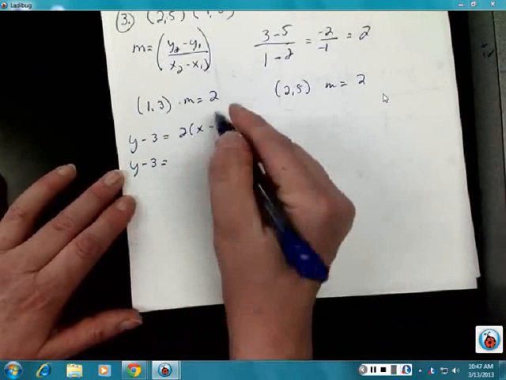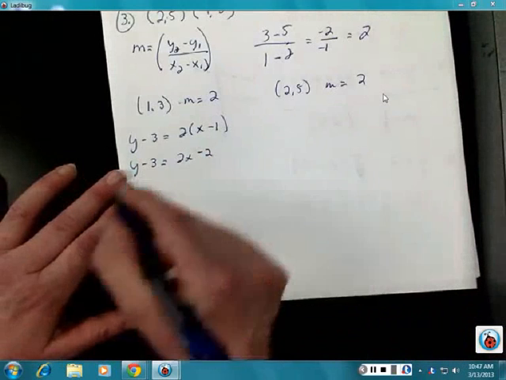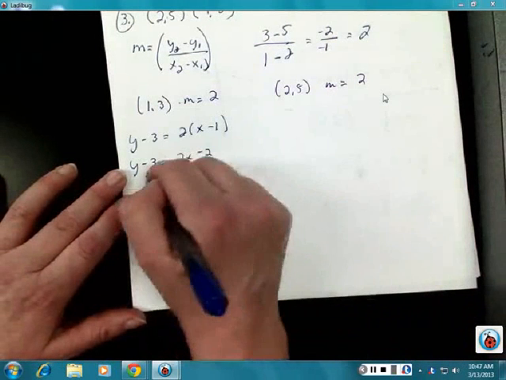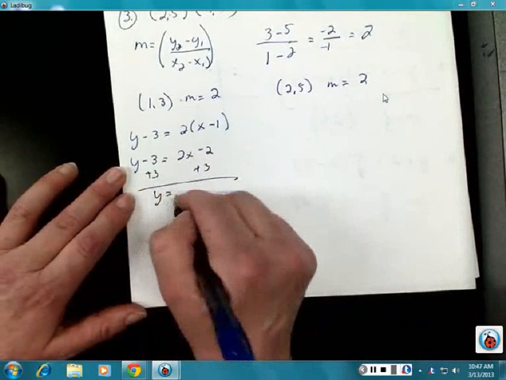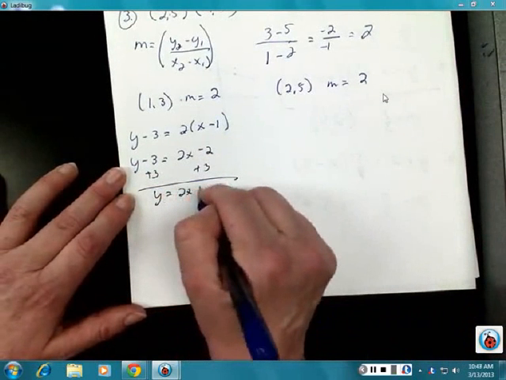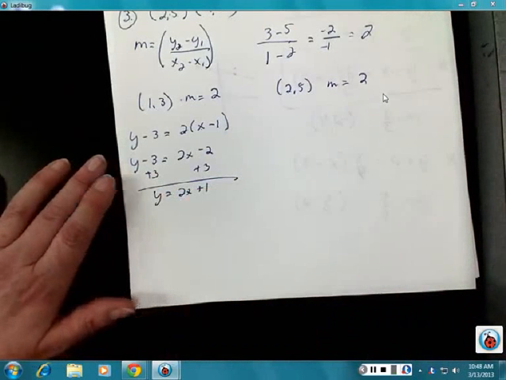2 times x is 2x. 2 times the negative 1 is a negative 2. Minus 3, or add 3, sorry. And I find y is equal to 2x plus 1. We okay with that part? Okay, so that's my equation.